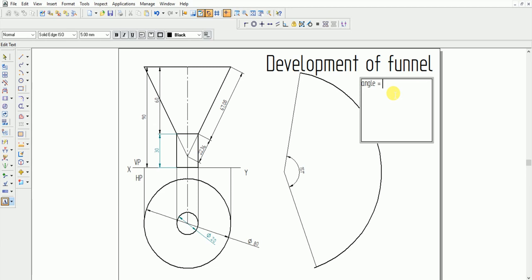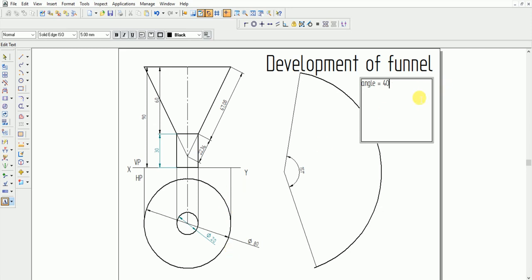Now, what is small r? It is the radius of this larger cone. That is 40, the radius of the base of this particular frustum of the cone.